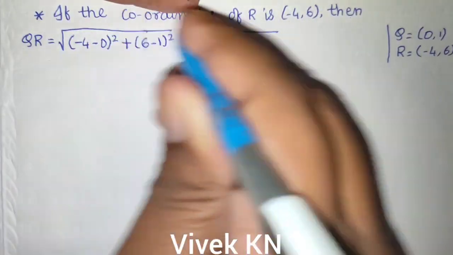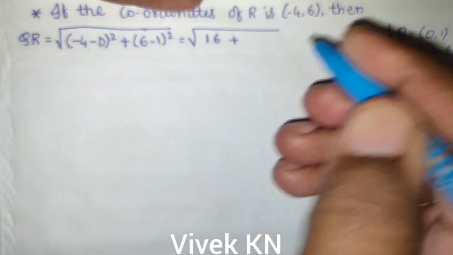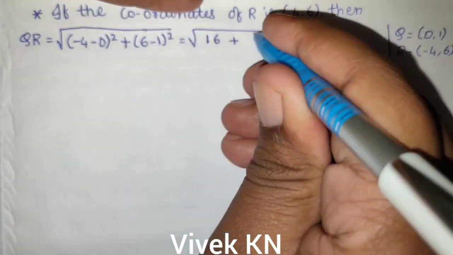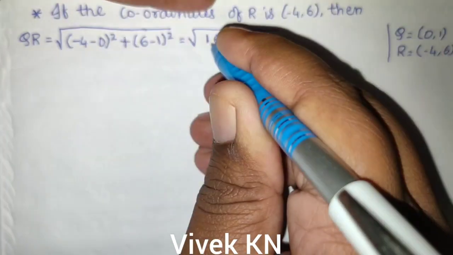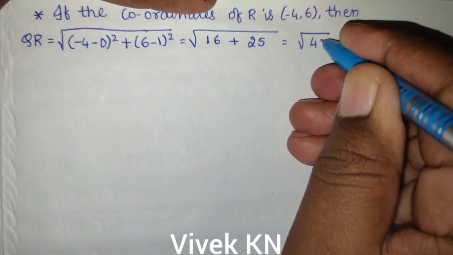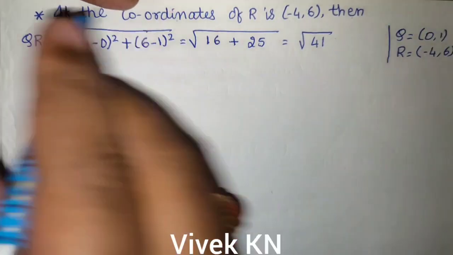Minus 4 whole square is 16 plus 6 minus 1 is 5. 5 square value is 25. So adding 16 and 25 we get 41. That is the value of QR is root 41.